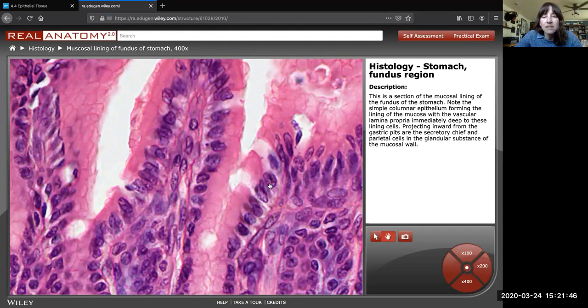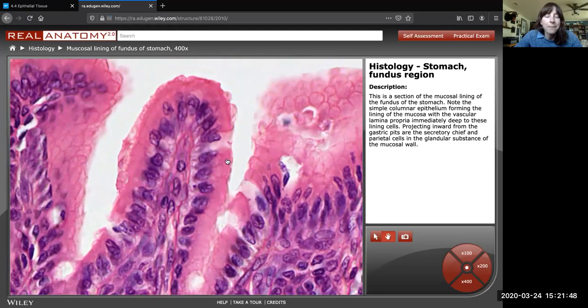But you can still tell that it is simple columnar epithelium because of the single row of, again, oblong, oval-shaped nuclei in very long column-shaped cells, okay? So there's just a single layer, and each cell has an apical surface and also a basal surface. Okay? Simple columnar epithelium.